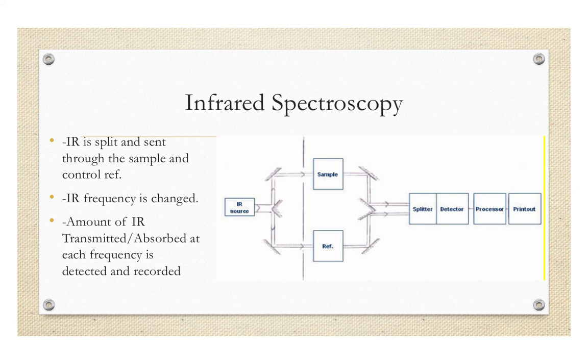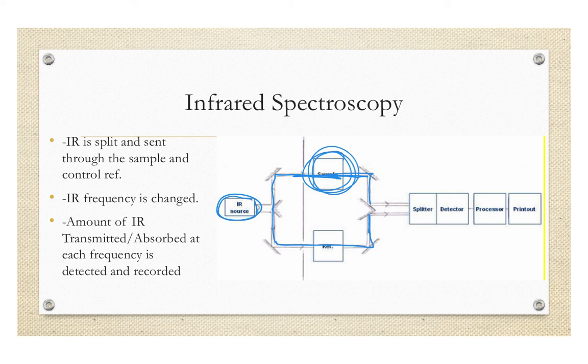So how exactly does it work? Well, you have a source of infrared light and you send it through whatever sample you're trying to look at, so the chemical you're trying to analyze, and we also send that same infrared light through a reference place. And then what happens is we change the infrared frequency, and eventually at some place along the way, the molecules in the sample will start to absorb some of that infrared energy, causing them to vibrate.